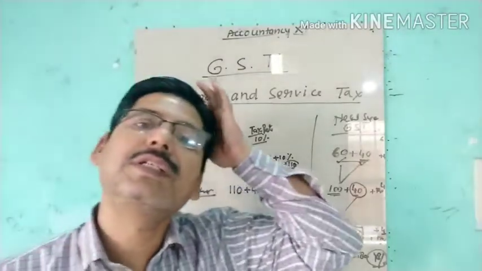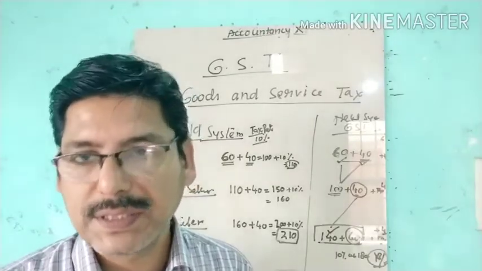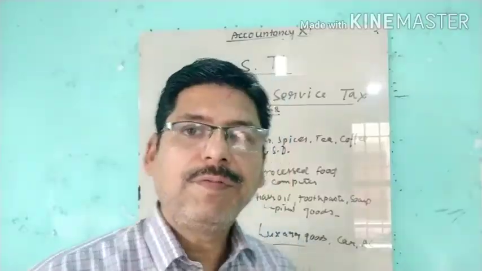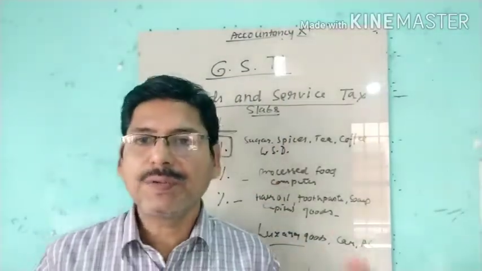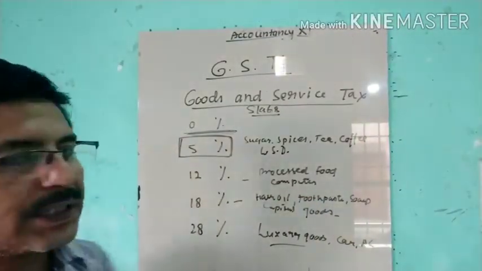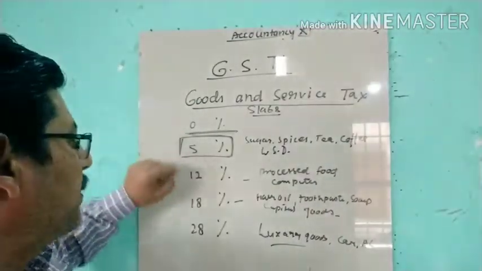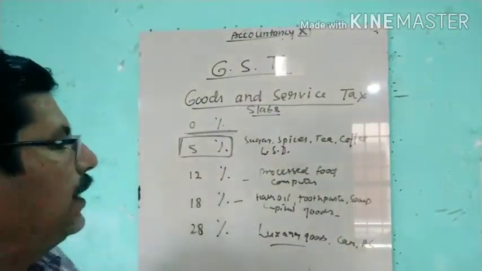Now come to the other topic, the different slabs. When we talk about the slabs of this GST tax, we can mainly categorize it into 0%, 5%, 12%, 18% and 28%.